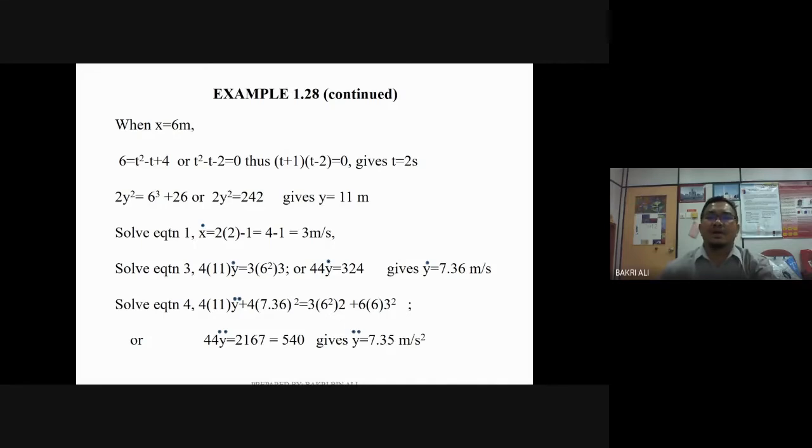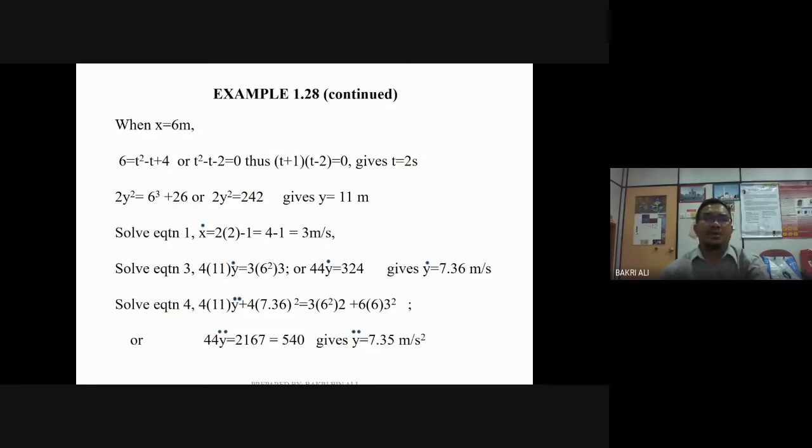So take the positive value, t equal to 2 seconds, and then putting that value in the y position, we get y equal to 11 meter. So when x equal to 6, y equal to 11, and time equal to 2.